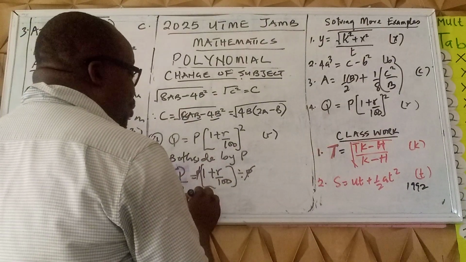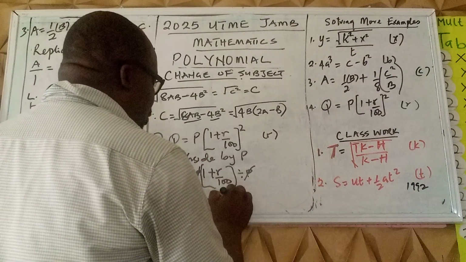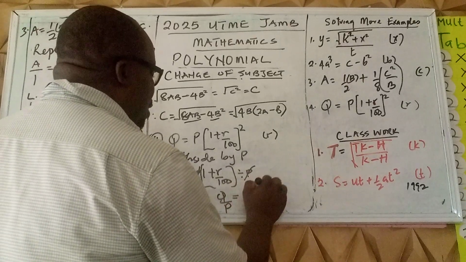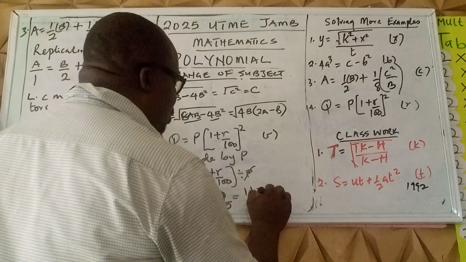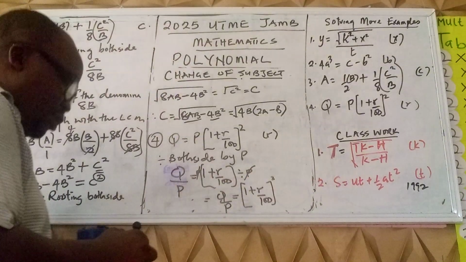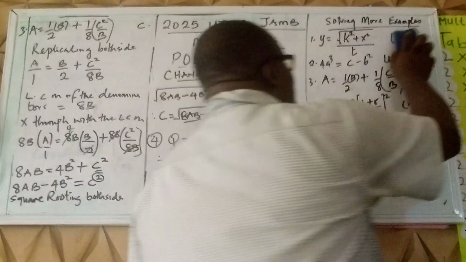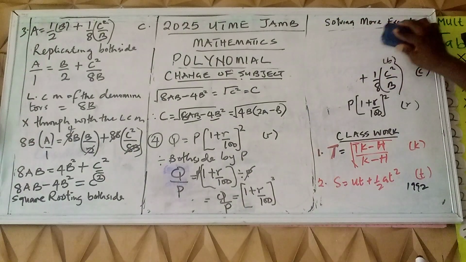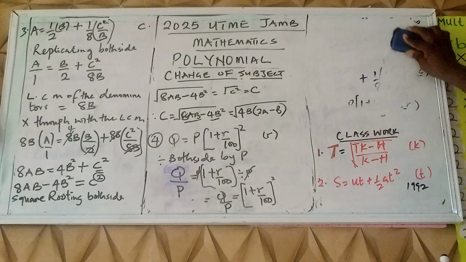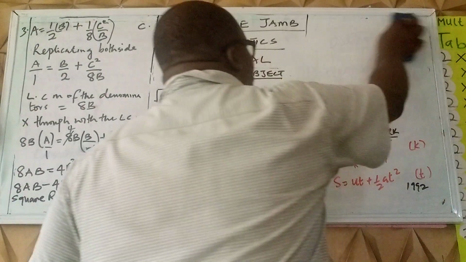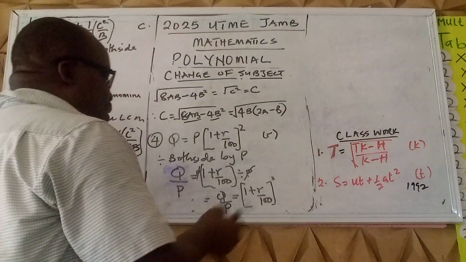So what I will have will now be Q over P is equal to 1 plus R over 100 all raised to the power 2. Okay, so follow me as I move to this side of the board. I'm cleaning all this because we have exhausted its usage. Hope you can see the board from here.